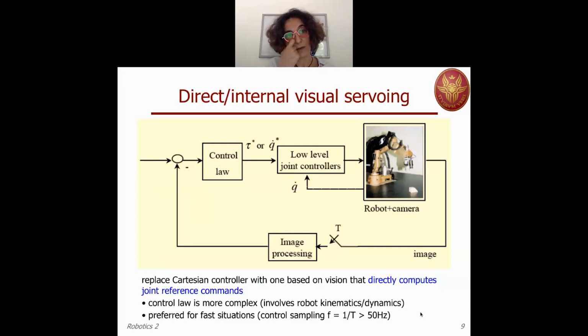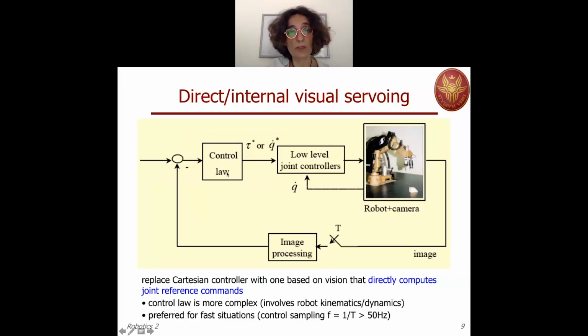Different is the case of a direct or so-called internal visual servoing. Here you see that the scheme is a bit different, because the image is processed and the current information that we acquire from the camera while the robot is moving is compared with reference information.